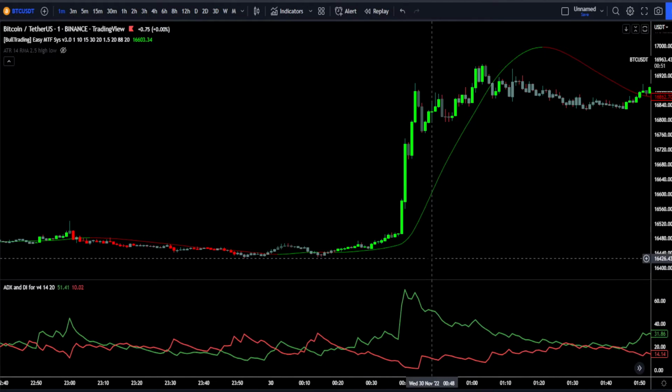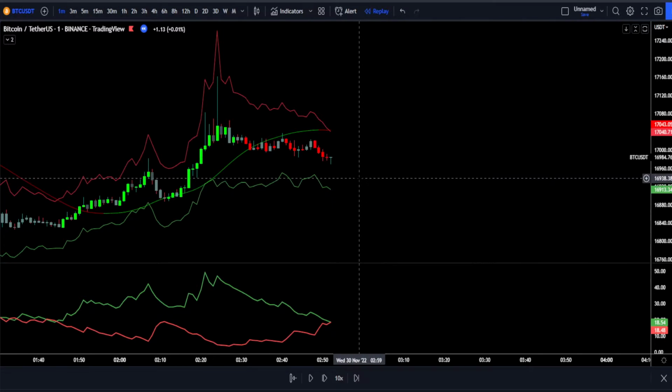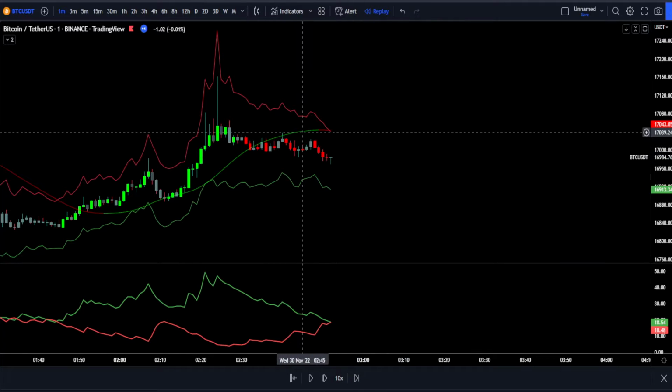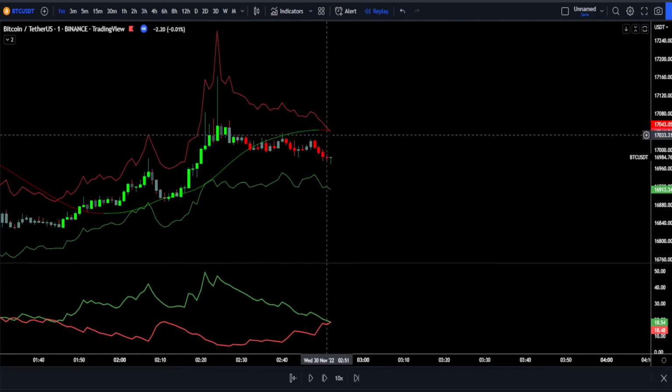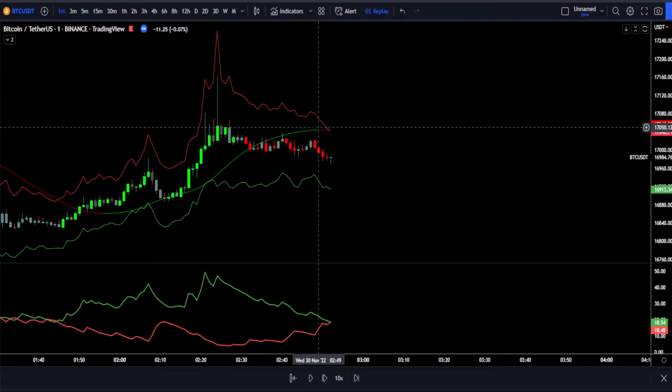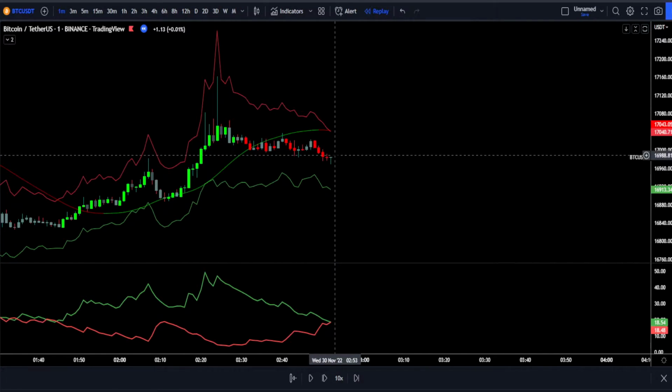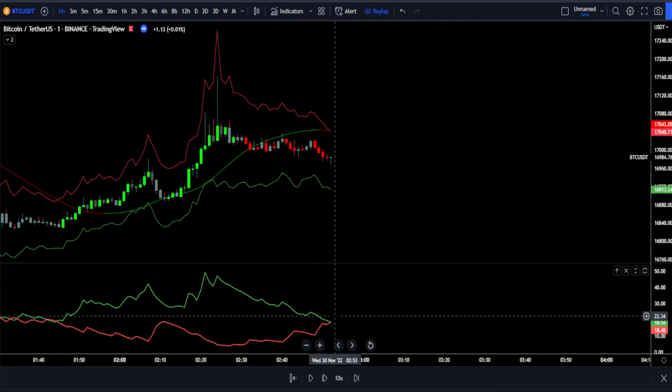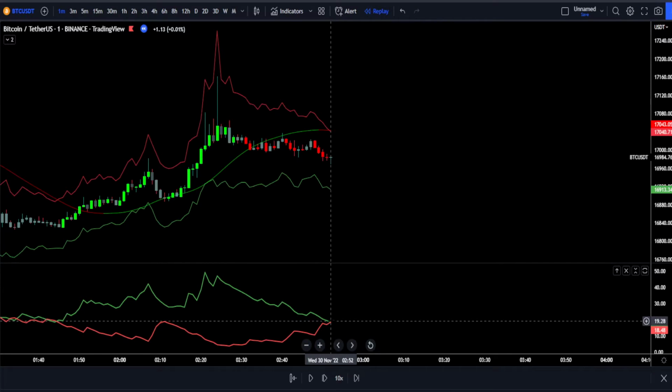So now let's go ahead and take a look at when we'd enter a short position. First, we need to make sure that the line we used for determining the trend direction is colored in red. We also need to make sure that the price action is trading below this line. Second, we need to move down to our DI lines and make sure that a sell signal has been provided.